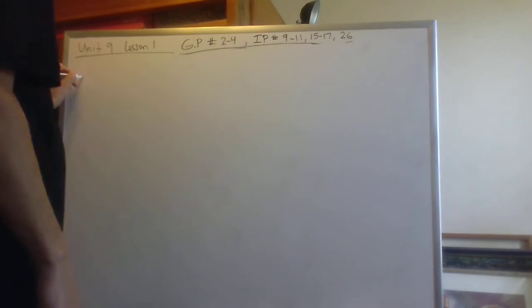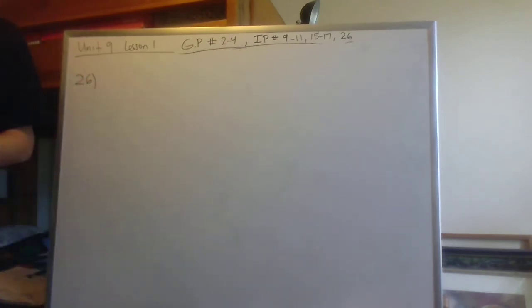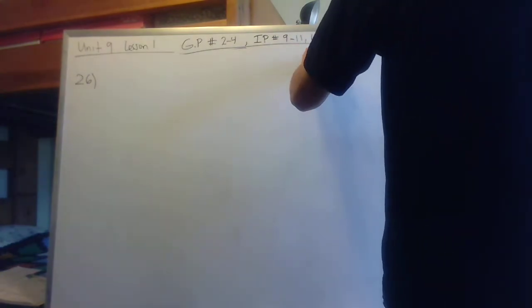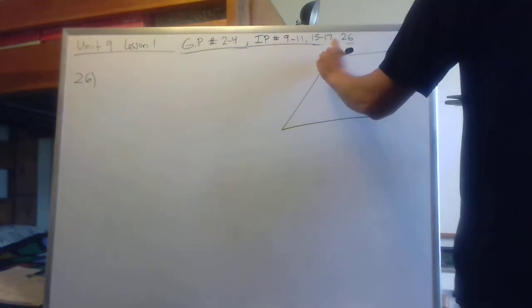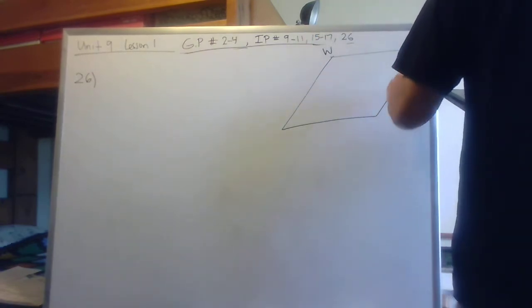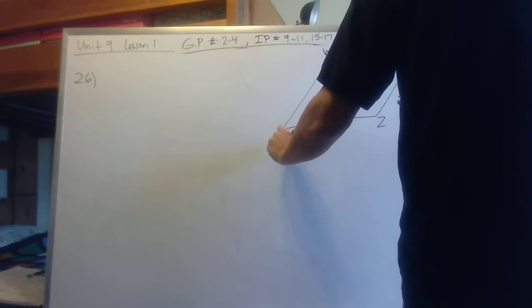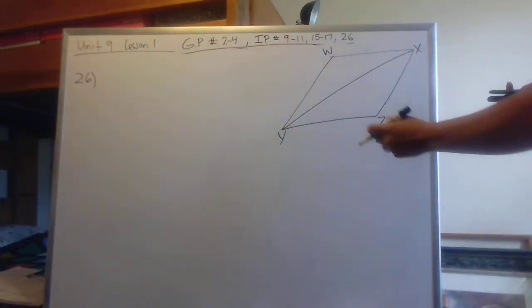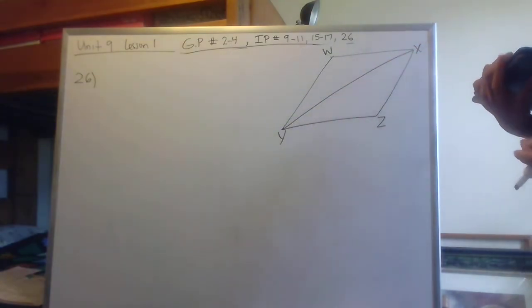So problem number 26 is a pretty cool problem. It's a two-column proof that wants you to basically determine if these two triangles that are created by a parallelogram are congruent. So here is the parallelogram. We have W, X, Z, and Y, and a diagonal going through the parallelogram.